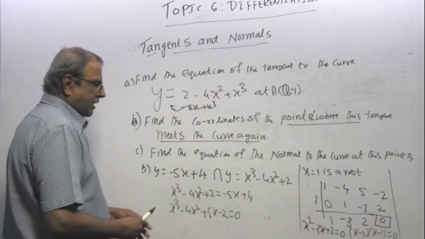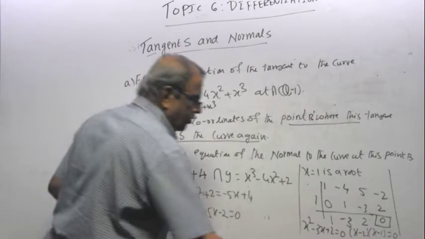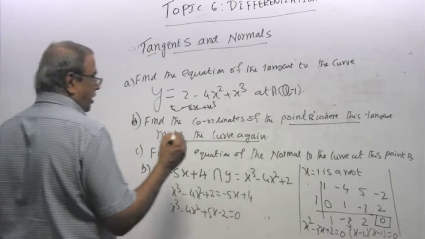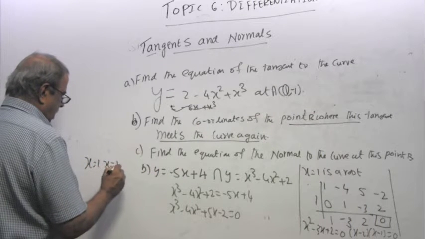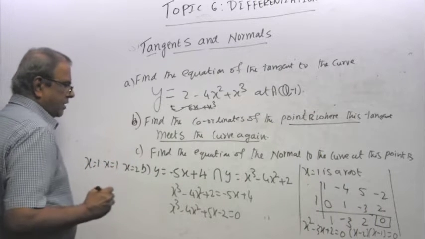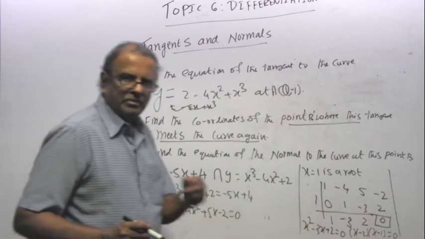There's a point I want, that's the reason why I did it this way. So you know the roots are x equal to 1, x equal to 1, x equal to 2. Because you already had x equal to 1, you got another x equal to 1.